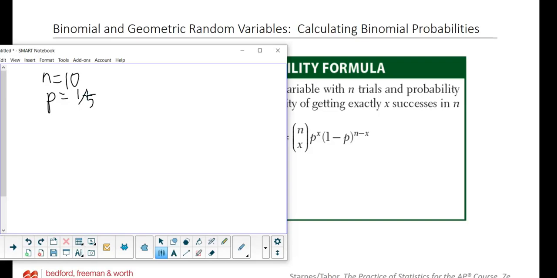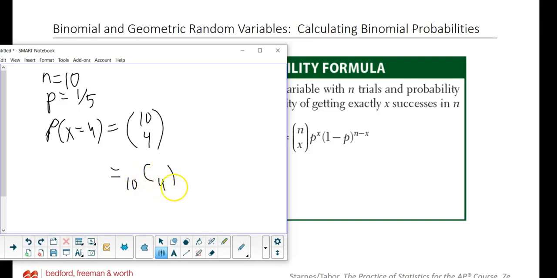And we want to get the probability of X equals 4, right? So this would be n is 10 over 4. Of course, the cool way to write that is really 10 choose 4. That's what we would type in our calculator, if that makes sense.